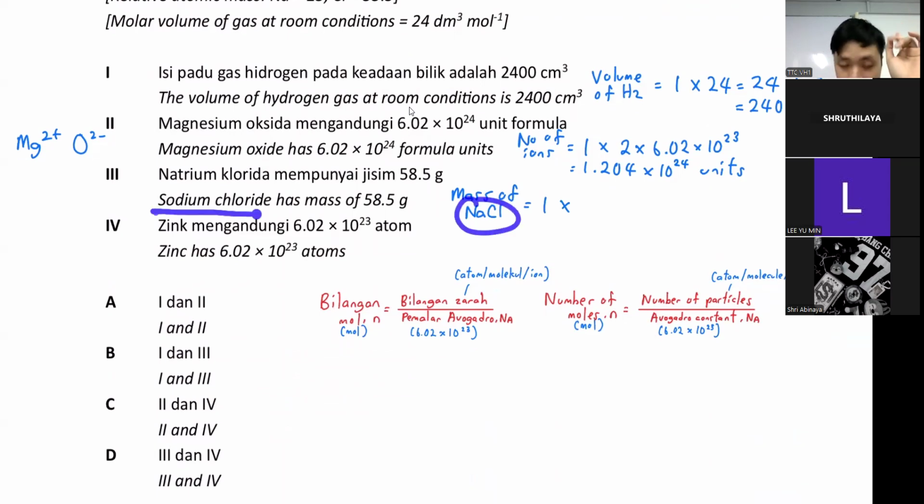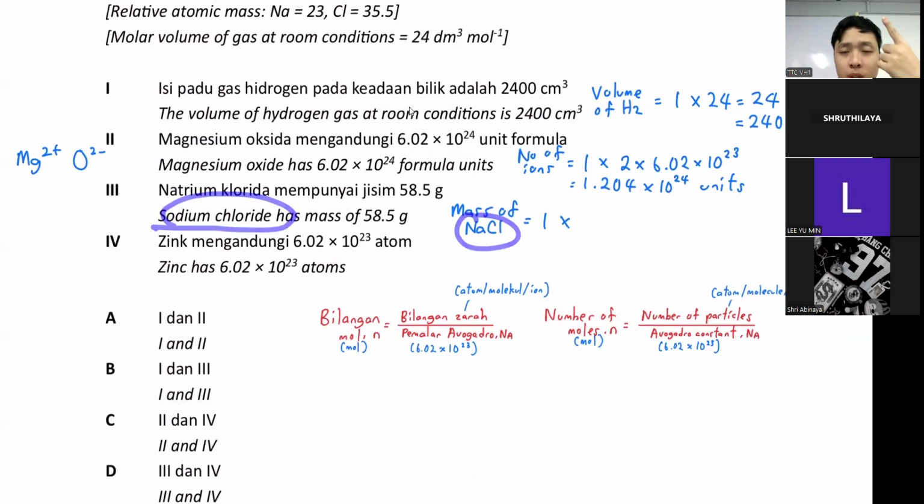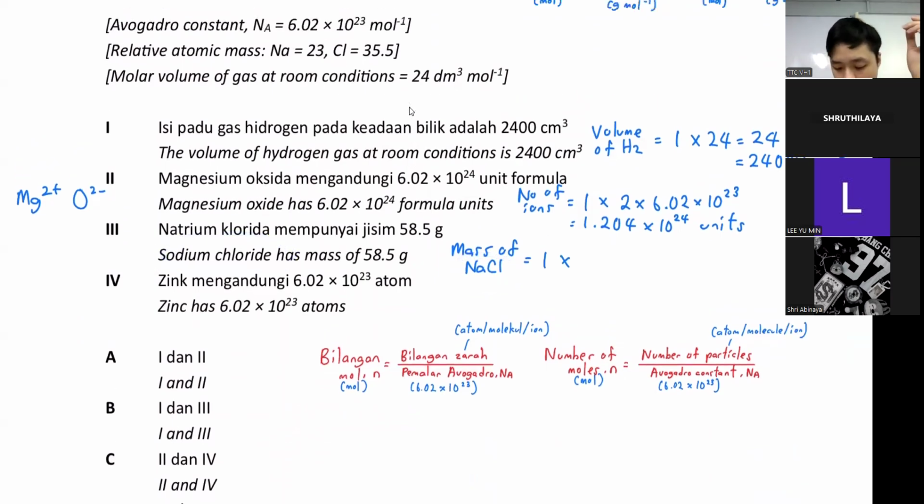Sodium chloride is NaCl, 1 Na plus combined with 1 Cl minus. So 23 plus 35.5, you will get 58.5 gram. Correct.